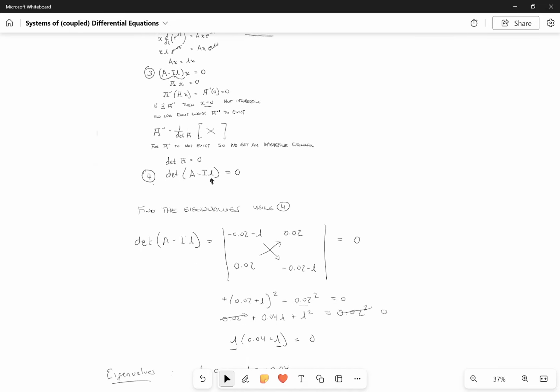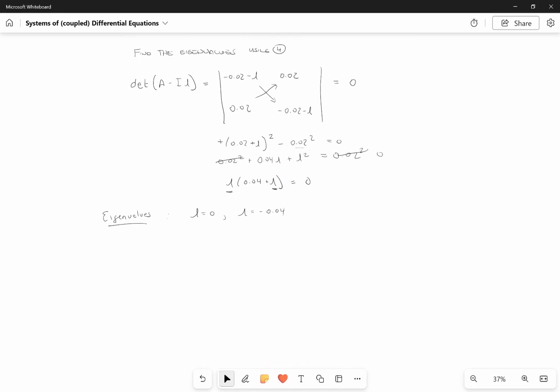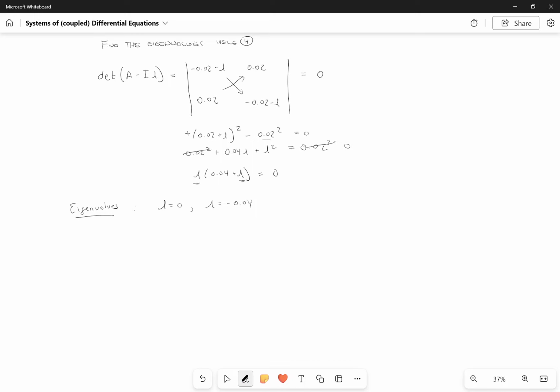All right, so now we need the eigenvectors. Okay, we're going to use lambda equals, okay, we'll start with lambda equals 0, and what we need to do, we need to put it into equation number 3, which is A minus I lambda times x equals 0.